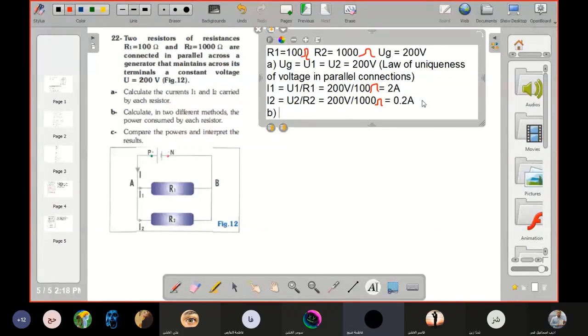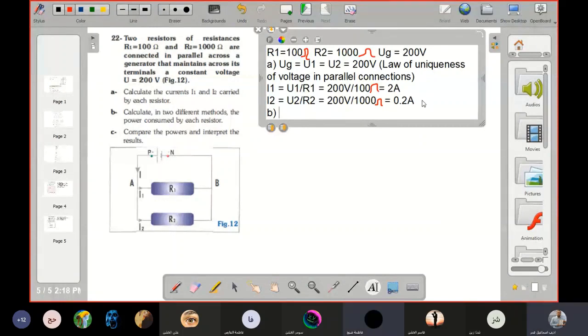Part B. Calculate in two different methods the power consumed by each resistor. So we should use two different formulas for each resistor.